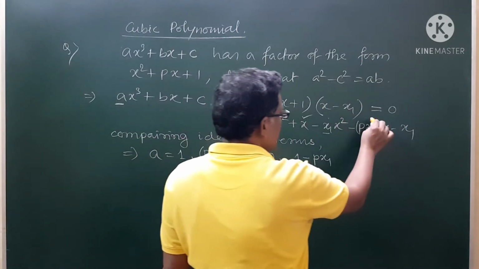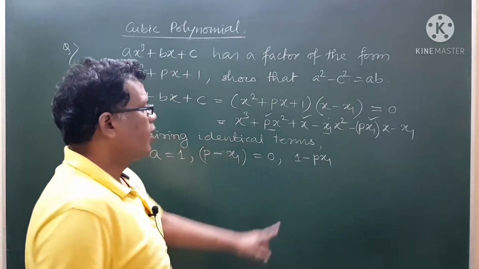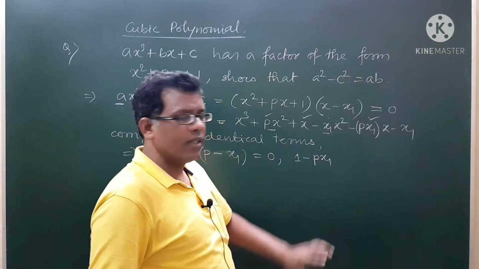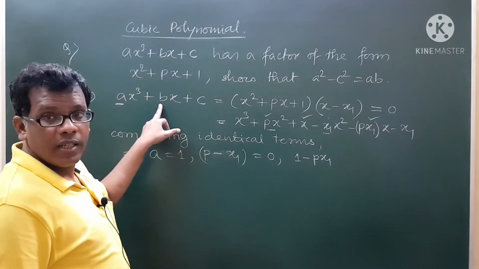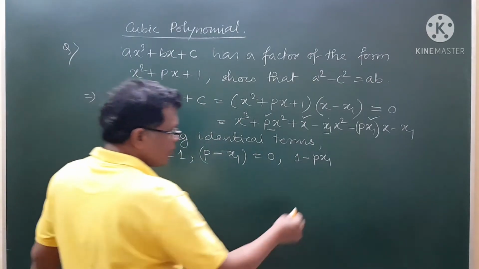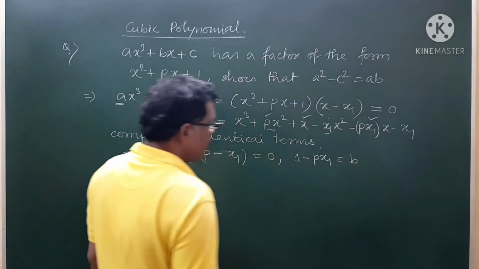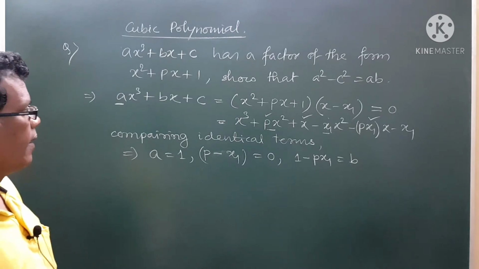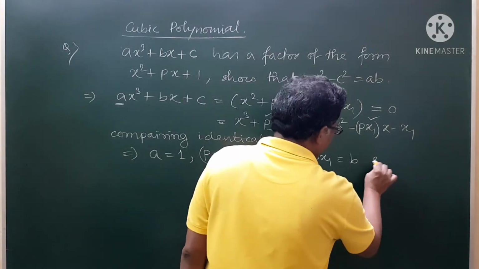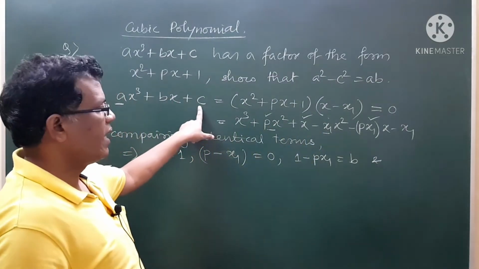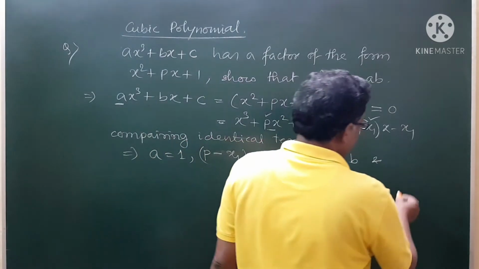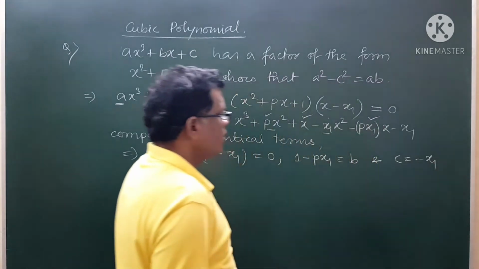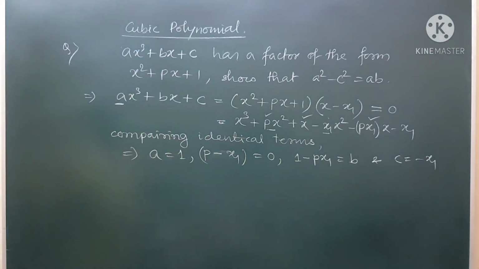The x carrying terms are these two, here the x coefficient is 1 and here it is minus px1, so that means in this part the x coefficient is b, so I can write down this is equal to b. And finally comparing the constant term, in LHS it is c, in RHS it is appearing minus x1, so c is equal to minus x1, right?